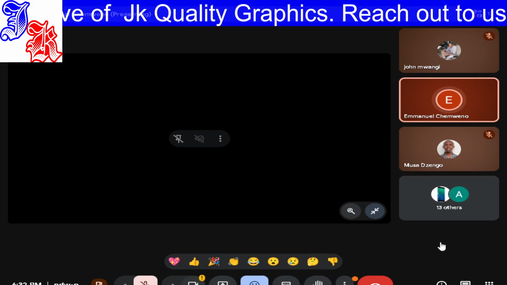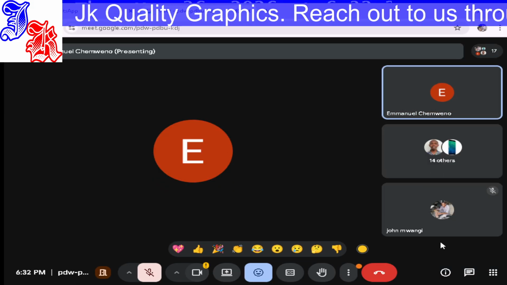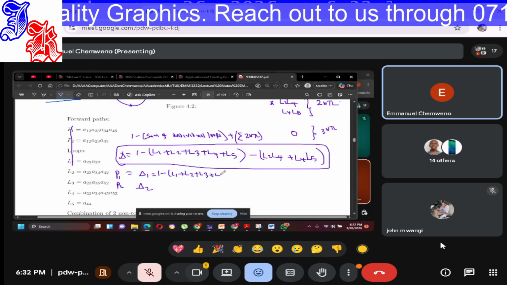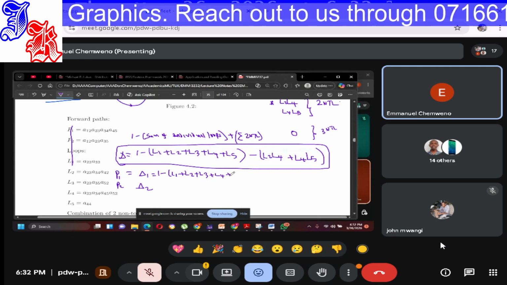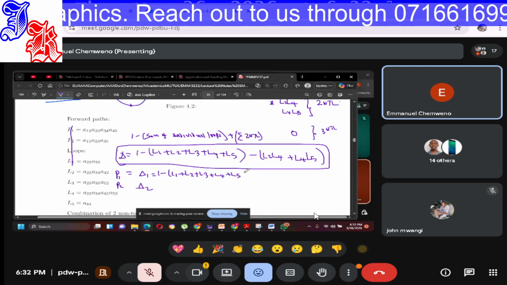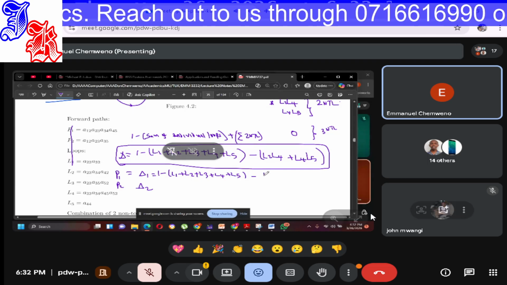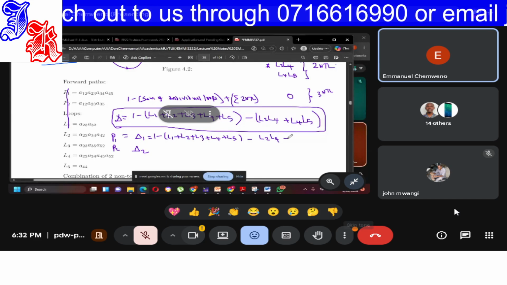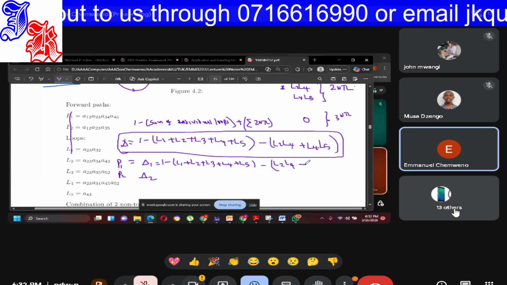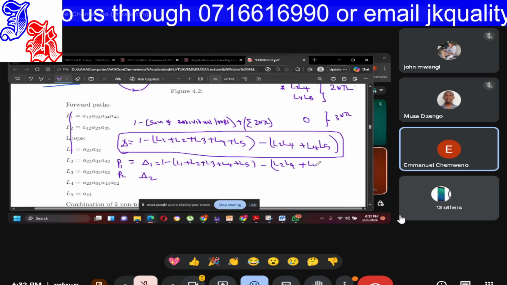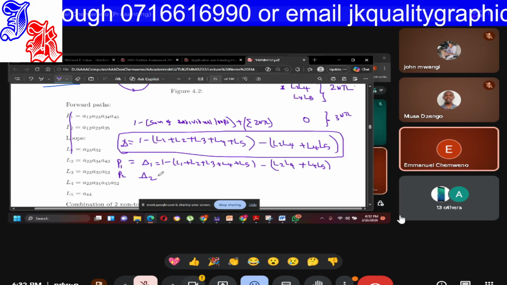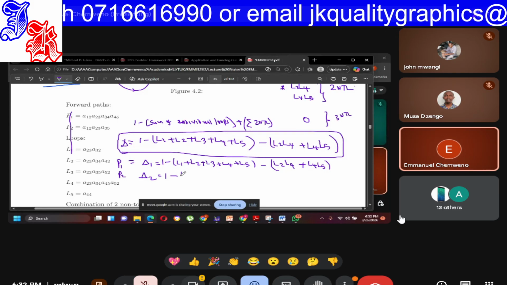So I'll write first the determinant, and the same thing here. So this is just the determinant.